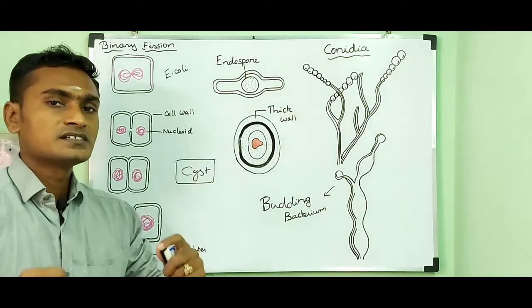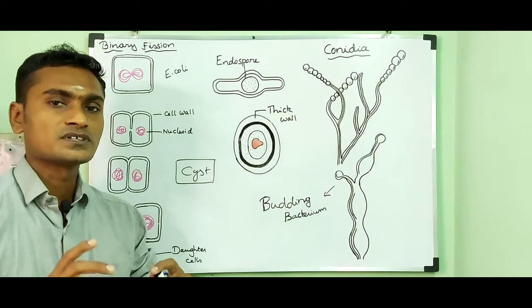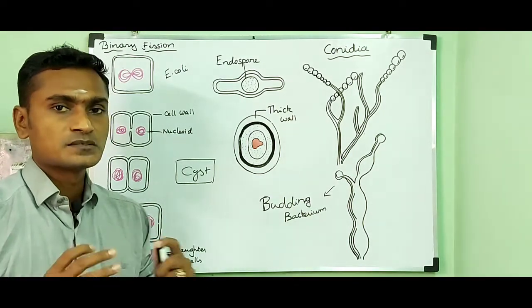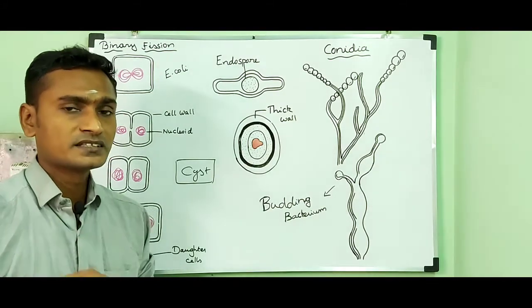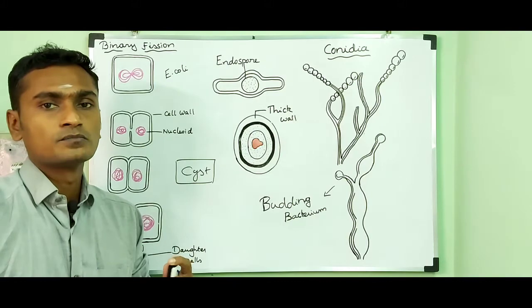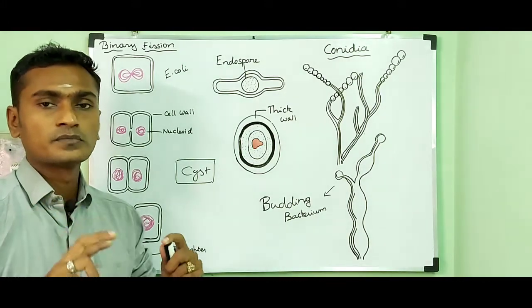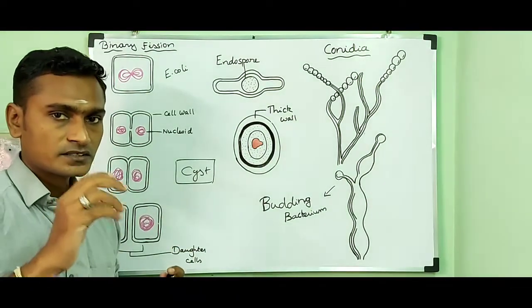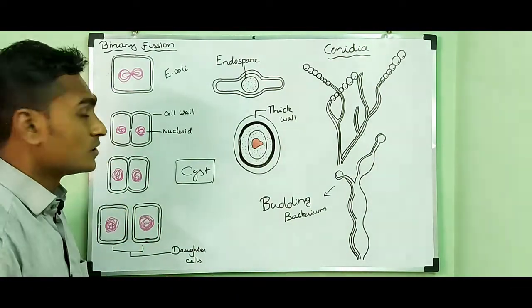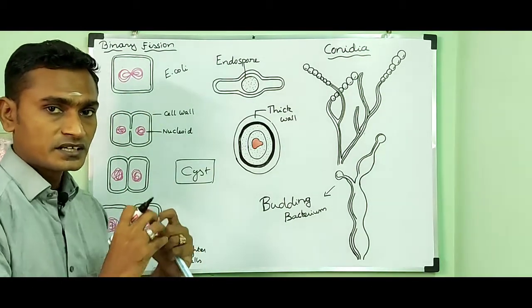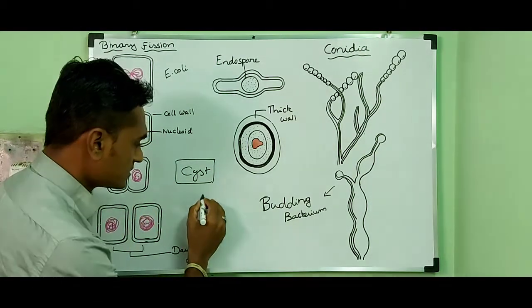The double-stranded circular DNA undergoes a process called replication. Replication is the process in which this double-stranded circular DNA makes an exact copy. During replication, the double-stranded circular DNA gets separated.